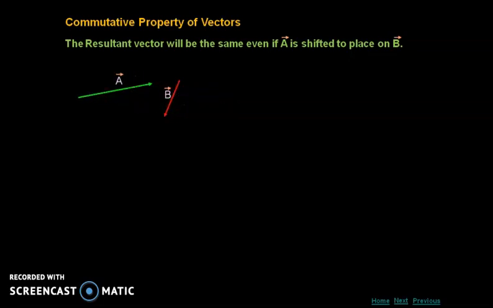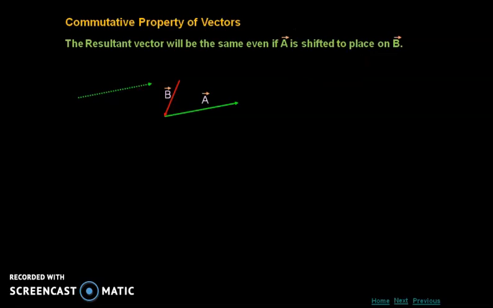Again you can see the b vector is fixed, and the a vector is shifted parallel to itself so that the tail of the a vector is joined to the head of the b vector. Now b vector will be treated as the first vector and a vector as the second vector. The resultant is given from the tail of the first vector to the head of the last vector.